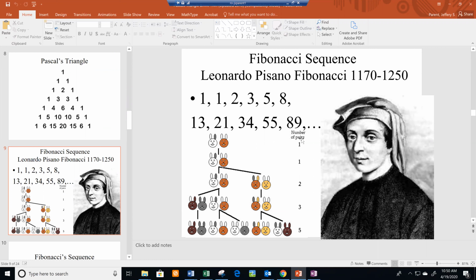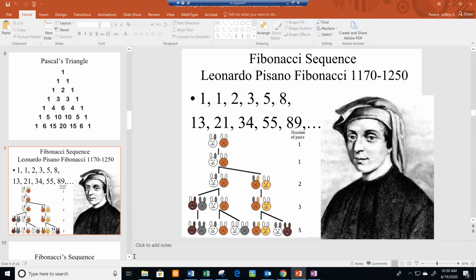In fact, it's a recursive sequence if you wanted to think of it that way, but that's a different video. To get from one month to the next, you add up the previous 2 months. So 1 and 1 gives me 2. 1 and 2 gives me 3. 2 and 3 gives me 5. 3 and 5 gives me 8, etc.